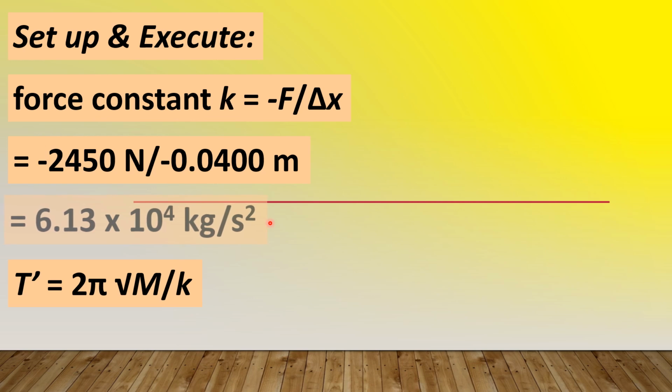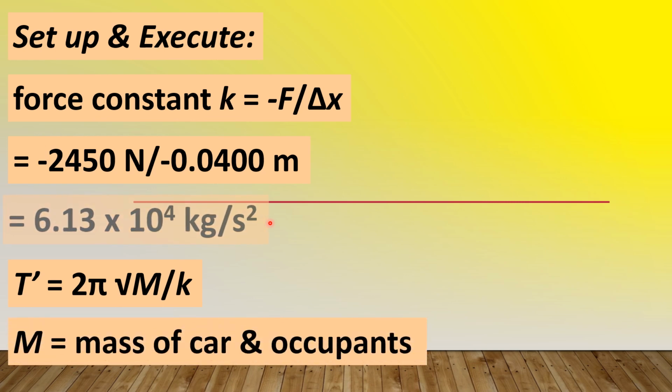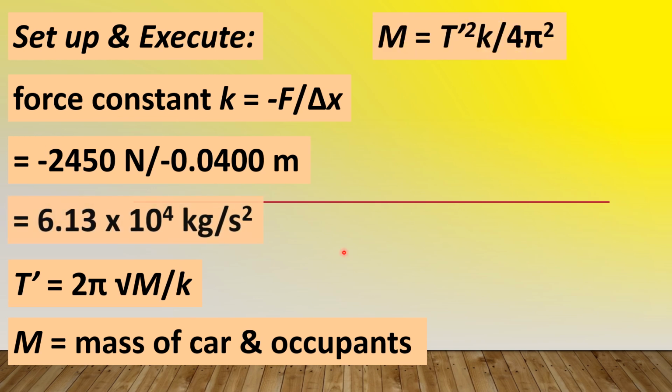So we can find the total mass capital M using this equation. We will isolate capital M and we will get its working equation. Capital M equal to the square of capital T prime times K divided by 4 pi squared.